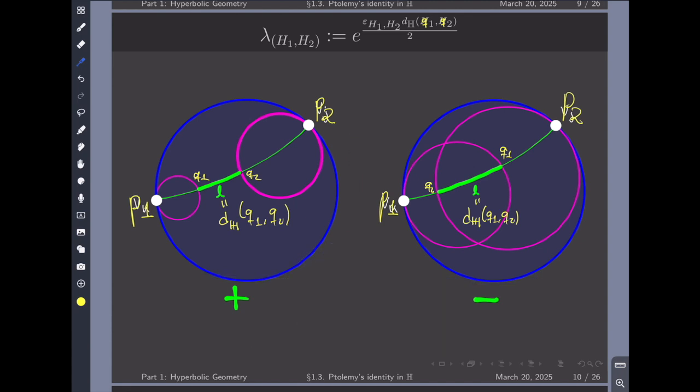Okay. In training, that's what we mentioned in the middle point. So the geodesics pass also through the same... through the centers of the horocycles?